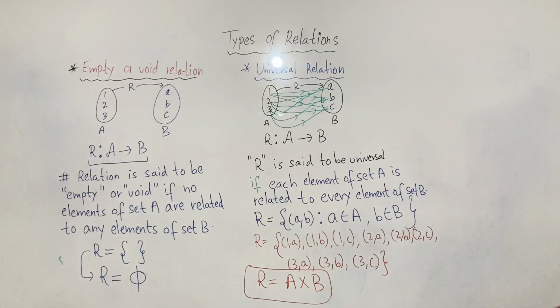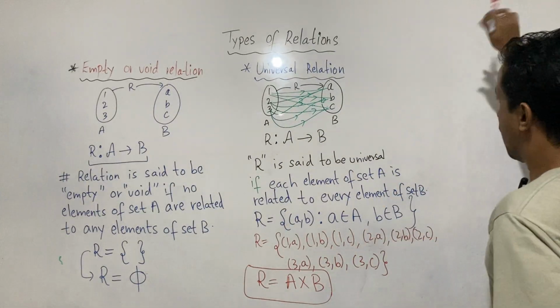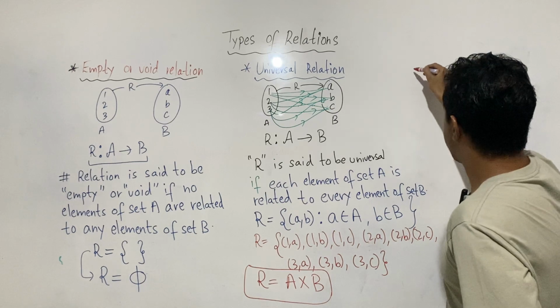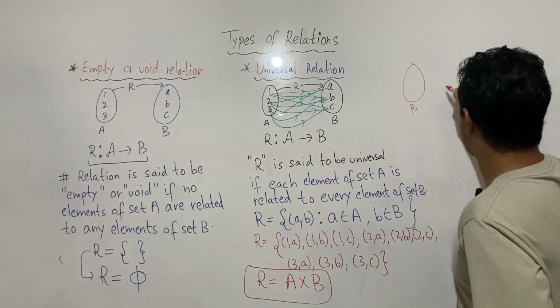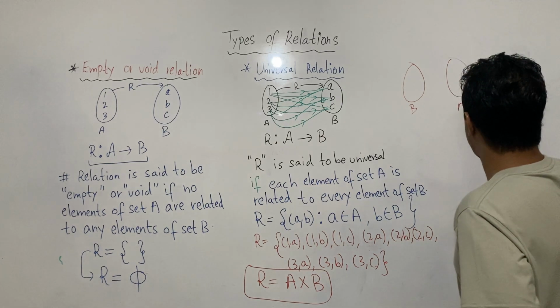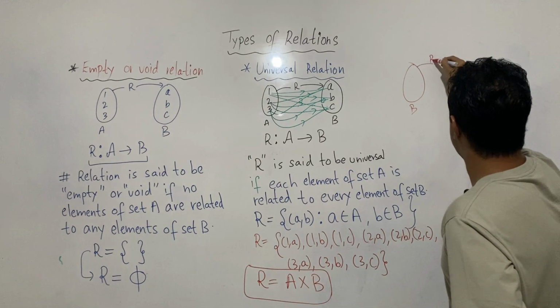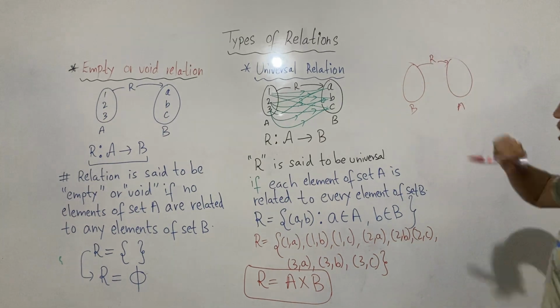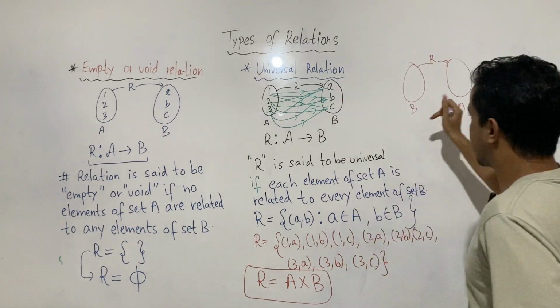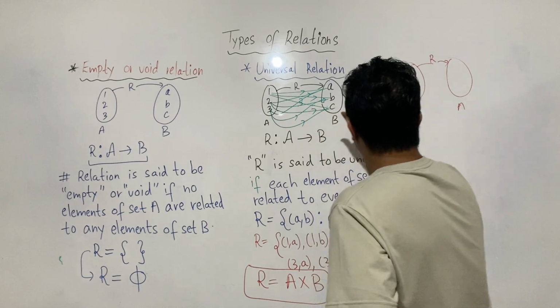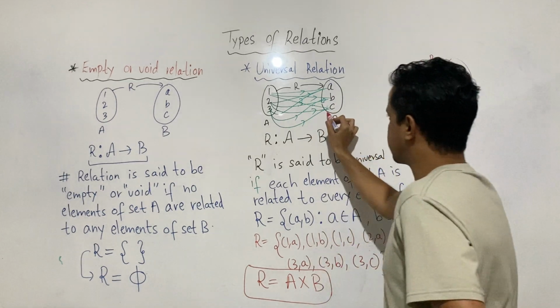Now try to understand this point. If I define this universal relation from set B to set A, I don't want to mix things here.